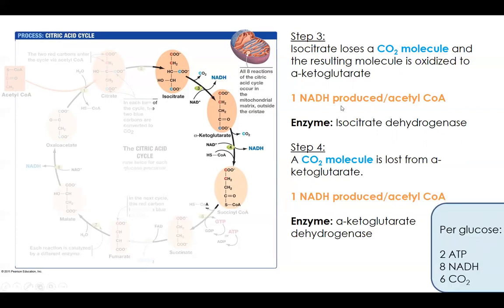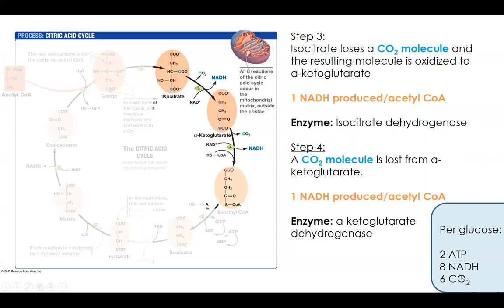Per glucose, we've created 4 CO2s in these two steps and 4 NADHs per glucose in these two steps, plus the ones we gained previously. This 2 CO2 we lost in pyruvate processing, we've now accounted for all 6 carbon dioxide molecules.